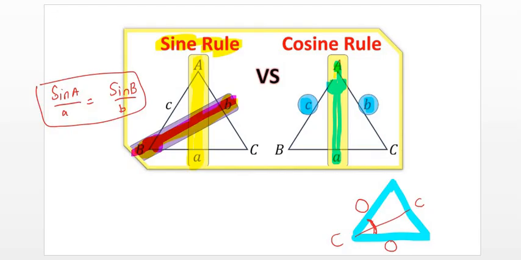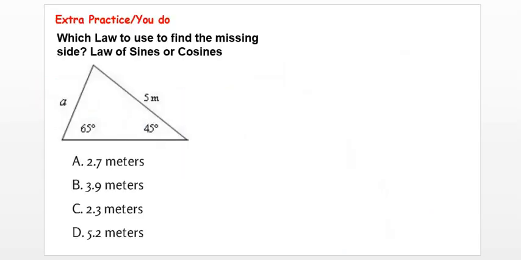But if you have just one pair in which maybe the angle is known and the side is missing, or the side is given and the angle is unknown, and also you have been given the two sides in which the angle is included, then think about how you can make use of these two laws.